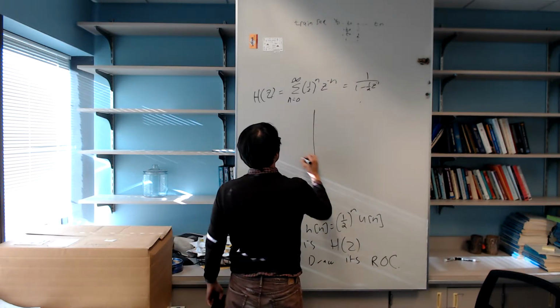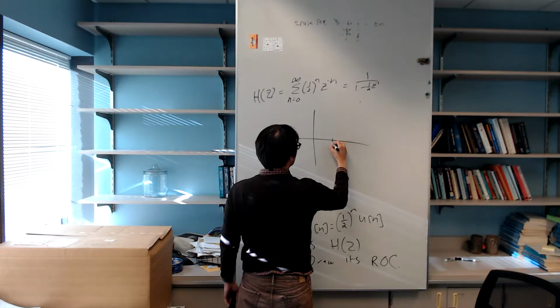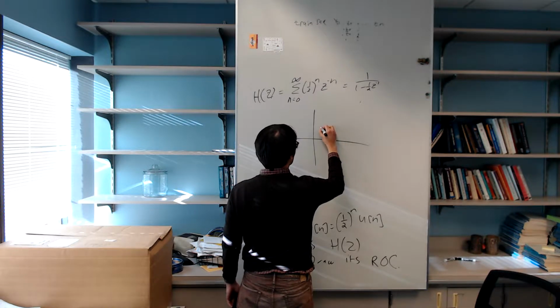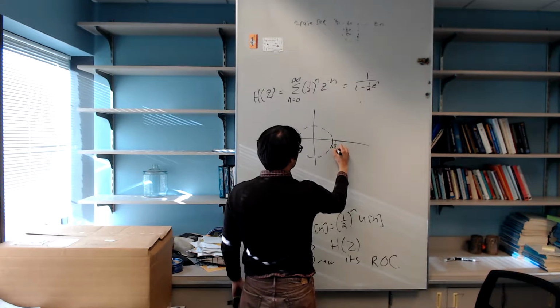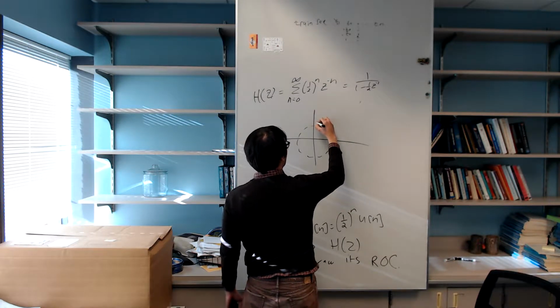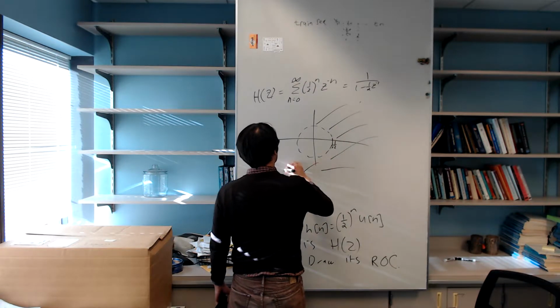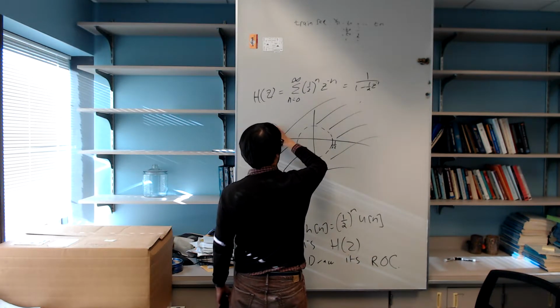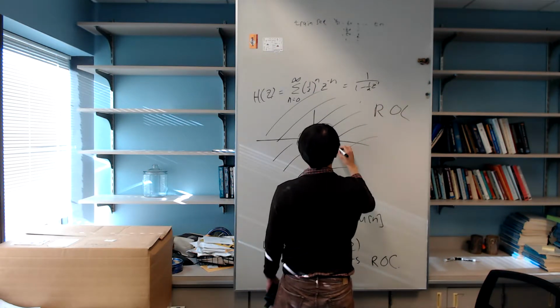So if we draw this out, we've got this point at 1/2, and we draw our circle of radius 1/2. That is not in our region of convergence. It's everything strictly outside of this circle of radius 1/2. This is the region of convergence.